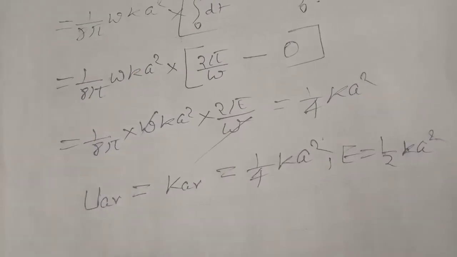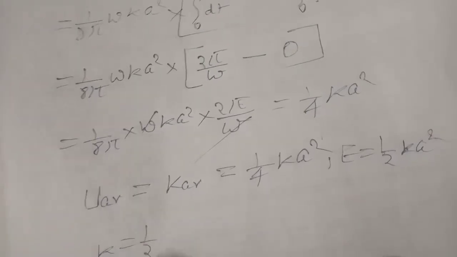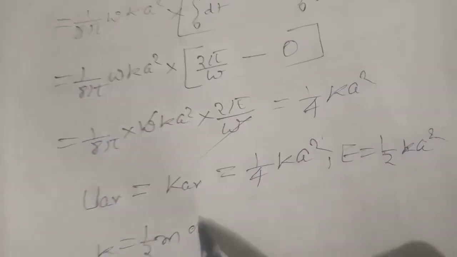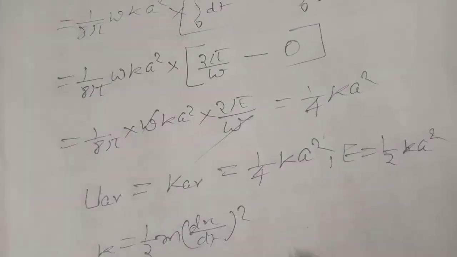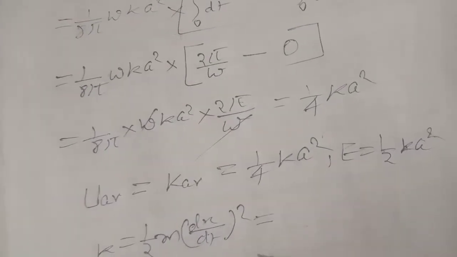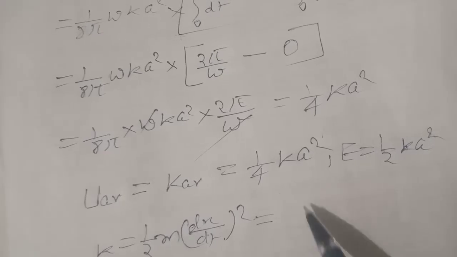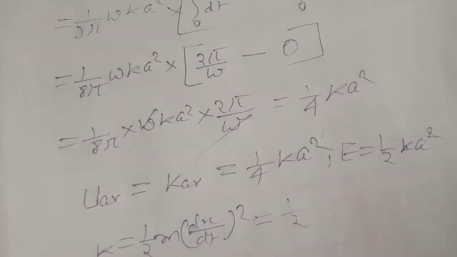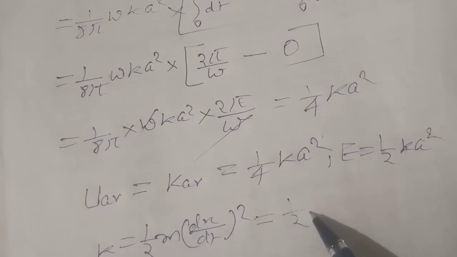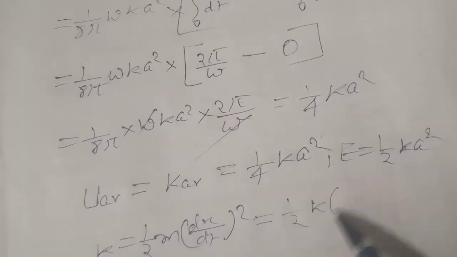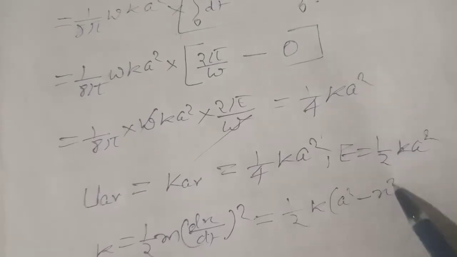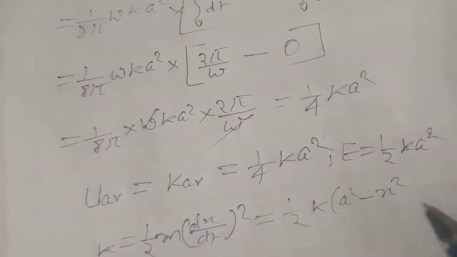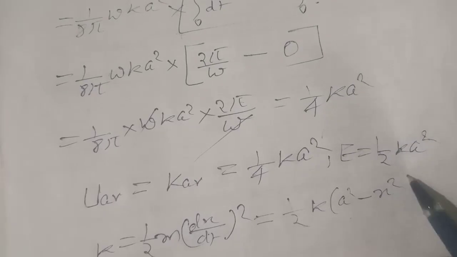We have the formula for kinetic energy, K equals 1/2 m (dx/dt)², that is v². Using the value of dx/dt, we get it in terms of displacement and amplitude as a² minus x². This value has been calculated earlier.